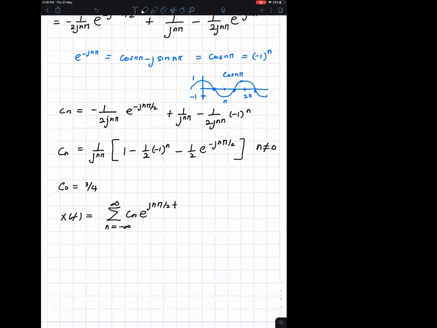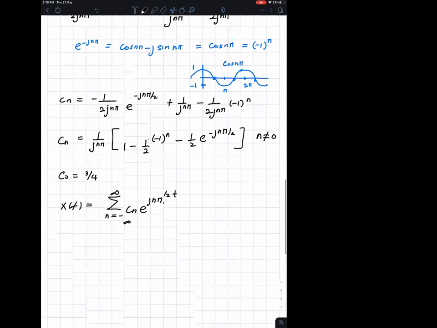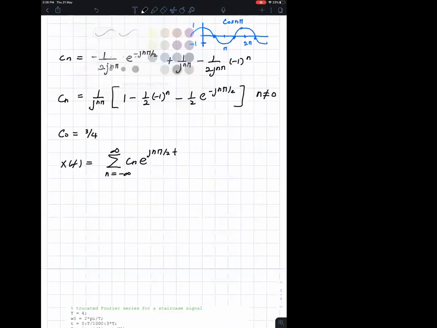Of course, you also have DC. This is going to be DC plus, for n not equal to 0.